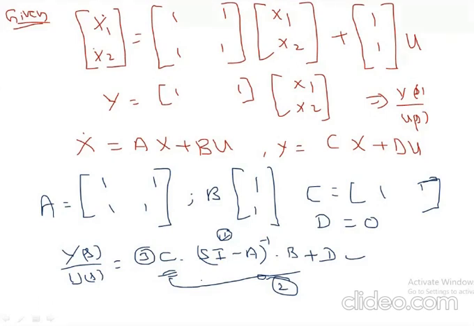First you need to subtract the A matrix from sI, then find its adjoint and also the determinant to get the inverse, and then multiply the resulting matrix with C, and again multiply with B. This will indirectly give you the resultant Y of s by U of s. I have given the same in your notes also, you just refer to the notes.